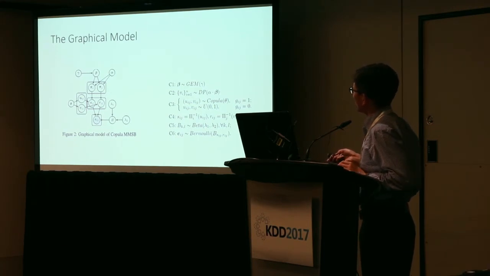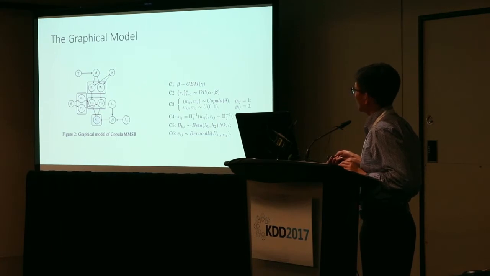Within the community you have a sender and a receiver that connect the two nodes i and j.